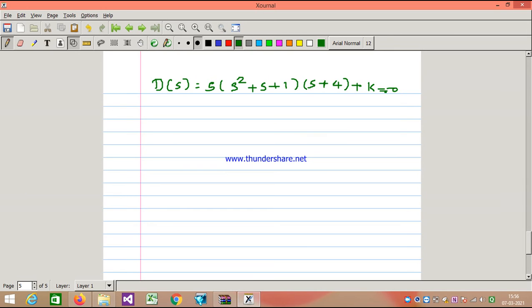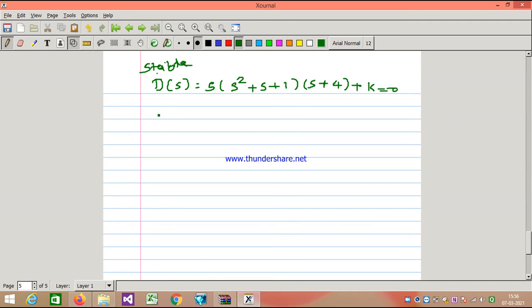So this is the equation, and they already told us that this system is a stable system. What is meant by a stable system? That means according to the RH theorem, the system is stable. Why? Because the first column of the RH table has the same sign.